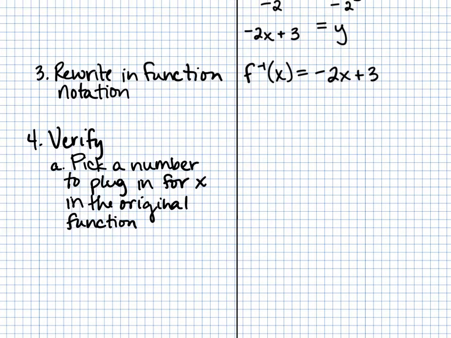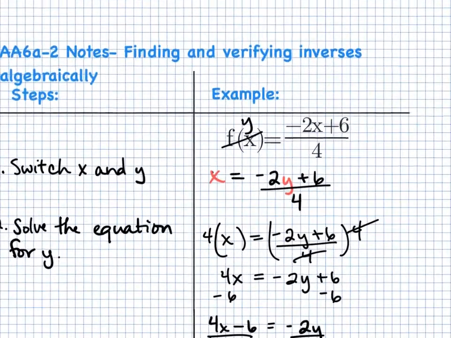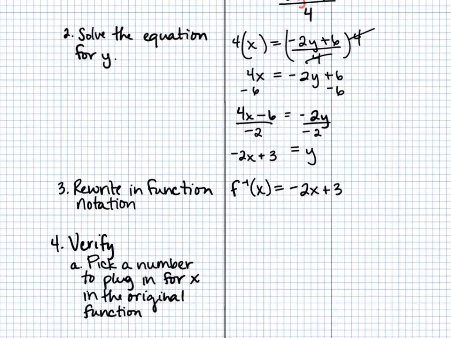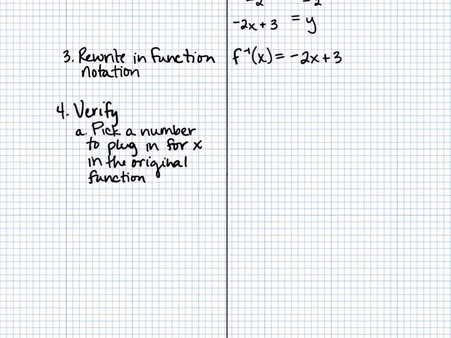So my original function was negative 2x plus 6 divided by 4. And just to be proper about this, we'll write that as f of x. I'm going to choose x equals 5.